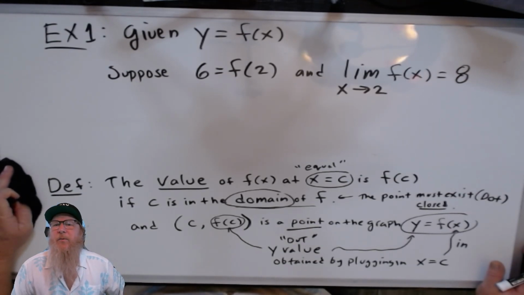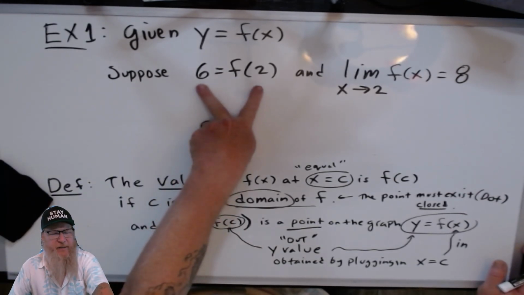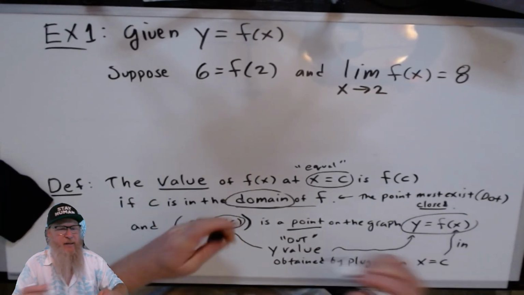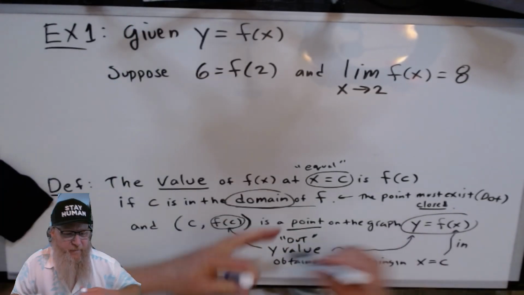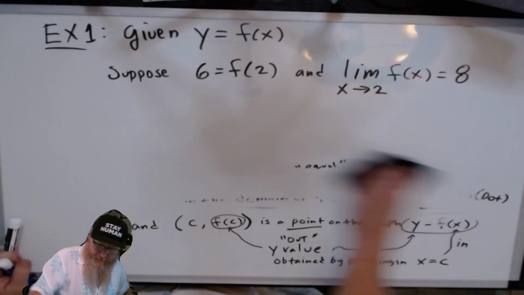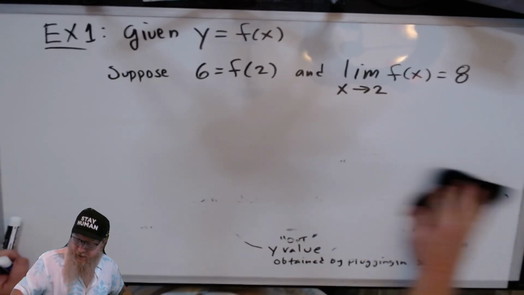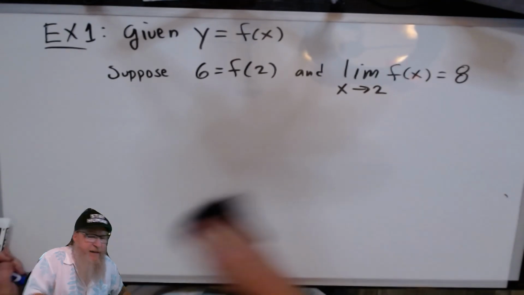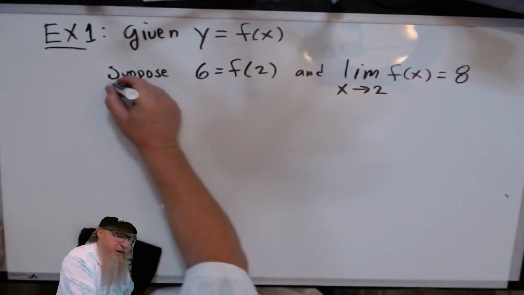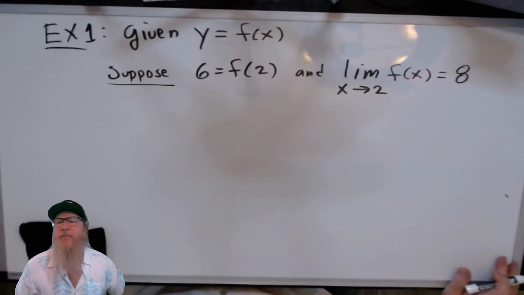So we're using both of these definitions here. This is the value, and this is the limit. We are supposing that they both exist. That's an assumption that we make at the beginning of this problem.